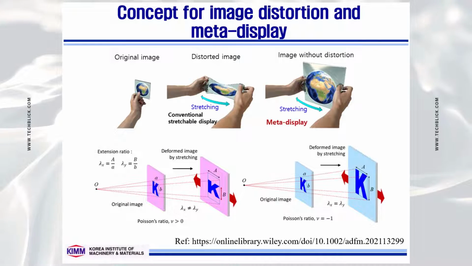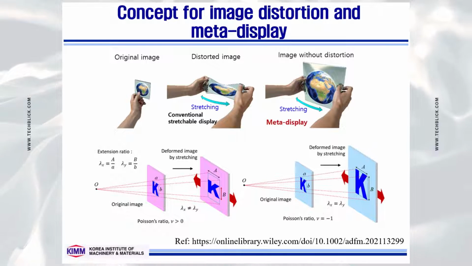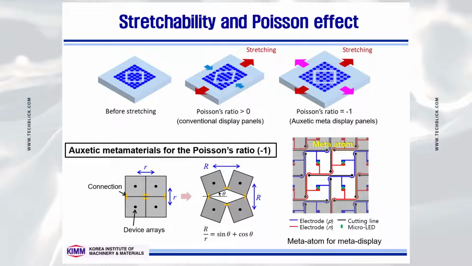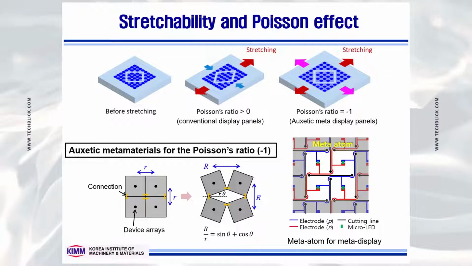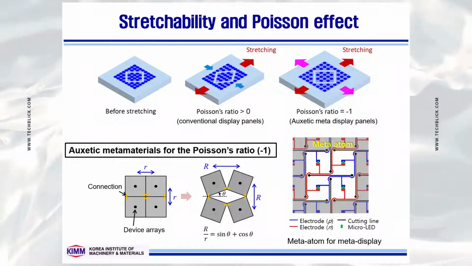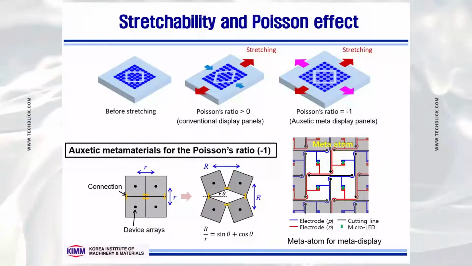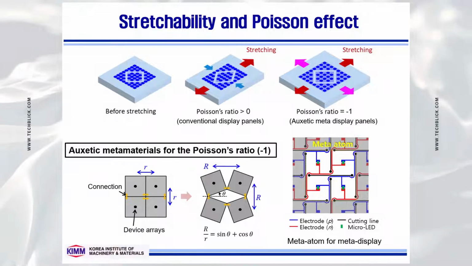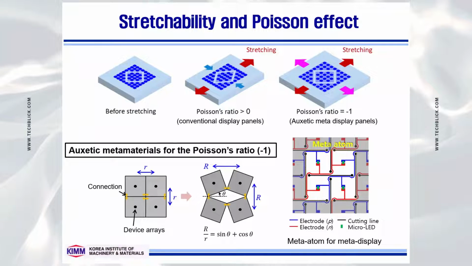This kind of negative Poisson's ratio can be realized using auxetic metamaterial. This shows the panel before stretching. When the Poisson's ratio is positive, the red direction is stretching and the panel is compressed in the perpendicular direction like this.